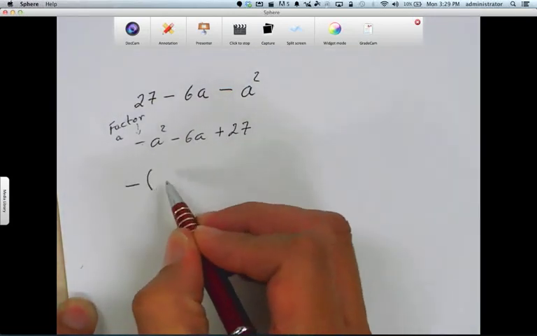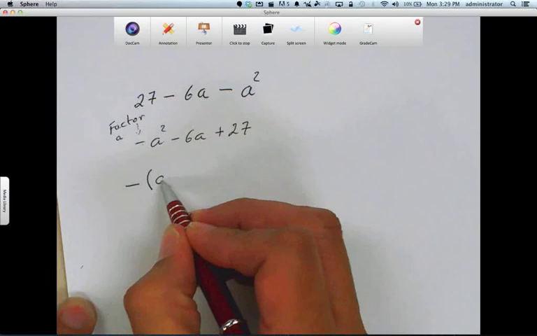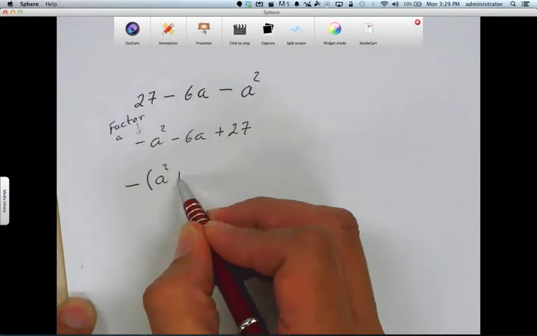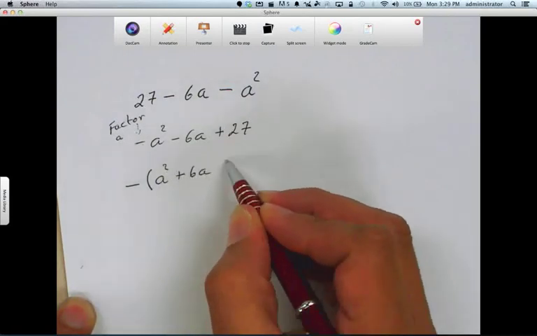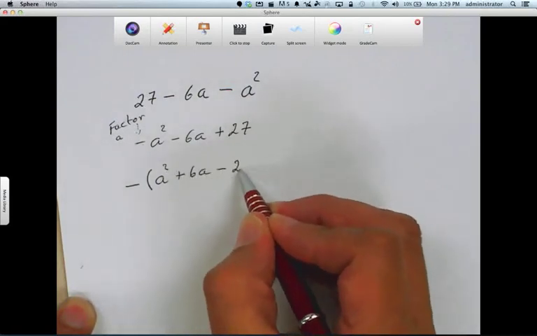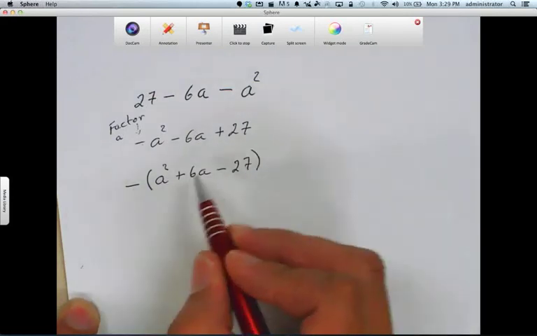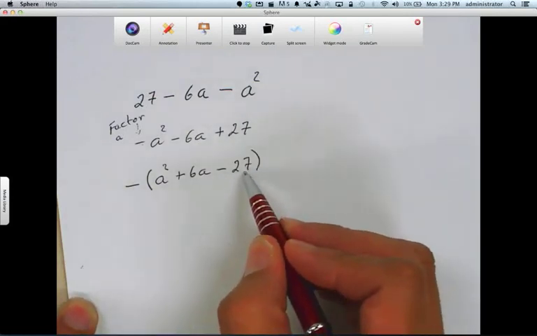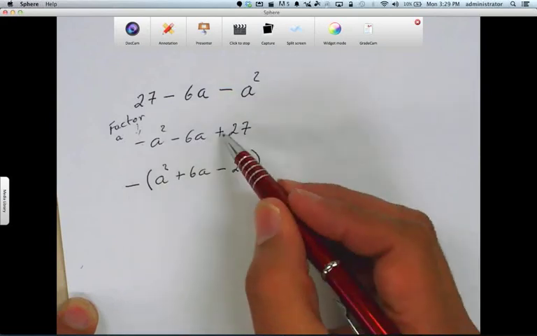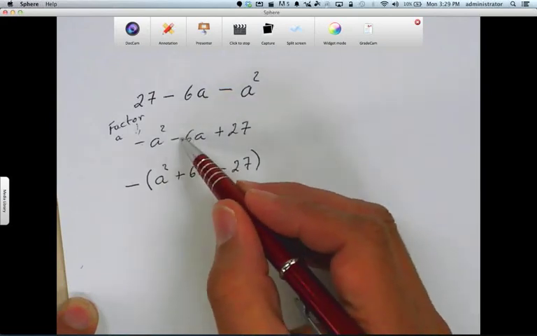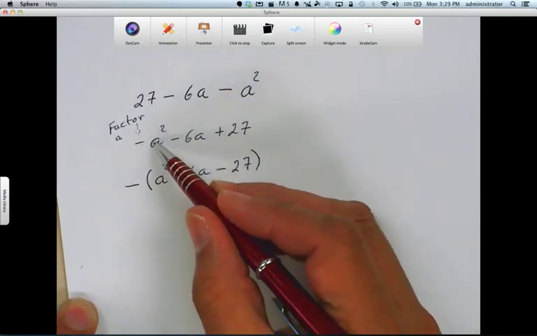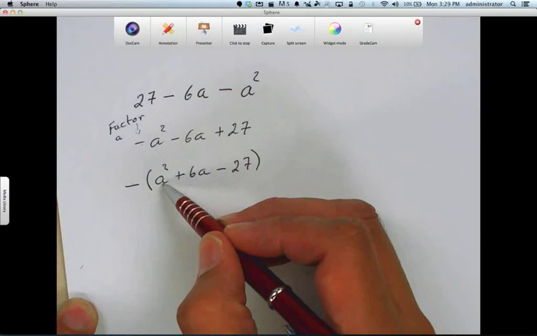That leaves me with a squared plus 6a minus 27. If you notice, when you factor out a negative, all the signs become their opposite.